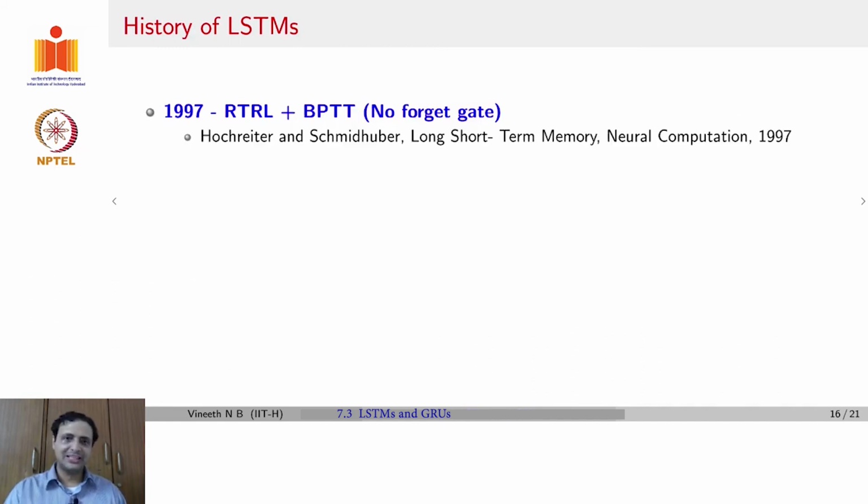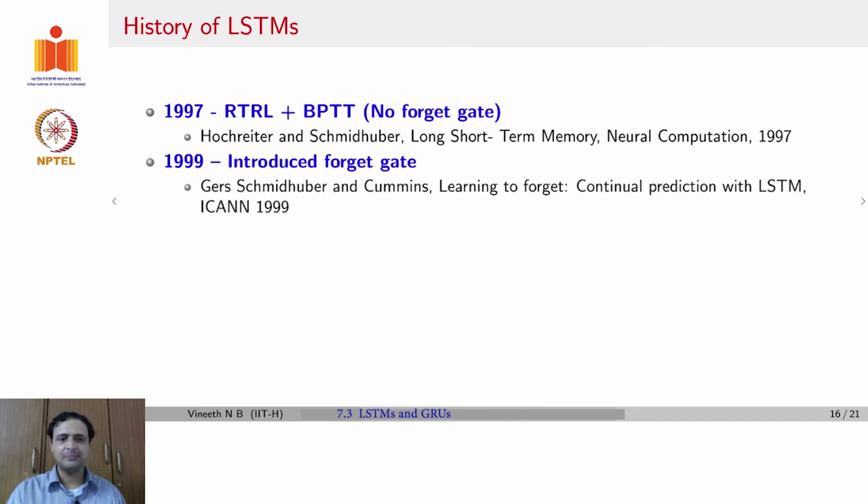So the history of LSTMs, to summarize, is that in 1997, Hochreiter and Schmidhuber first proposed LSTMs, and the learning used at that time was known as real-time recurrent learning with backpropagation. There was no forget gate in this version of the LSTM in the late 90s.